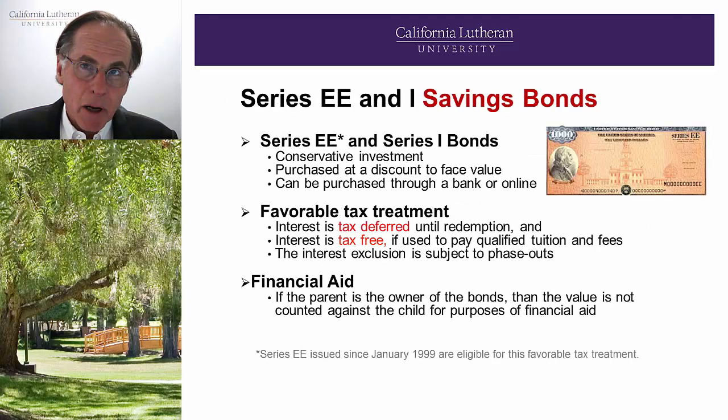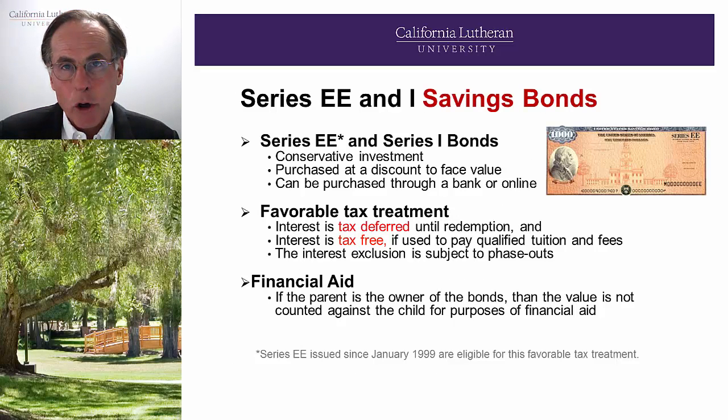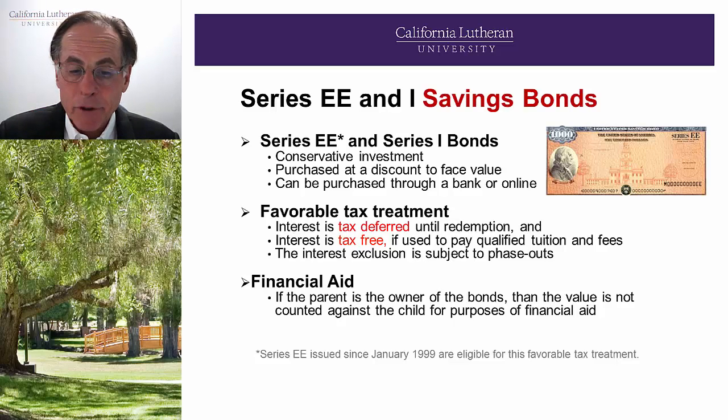U.S. Savings Bond, Series EE and Series I are low-risk investment vehicles that some clients may want to use for educational funding. The bonds are purchased at a discount to face value, interest is tax deferred until time of redemption, and interest earnings are tax-free if used to pay for qualified tuition and fees.